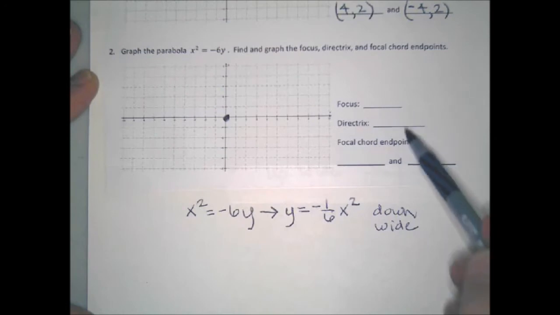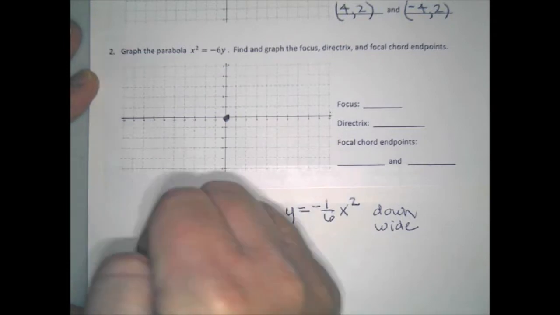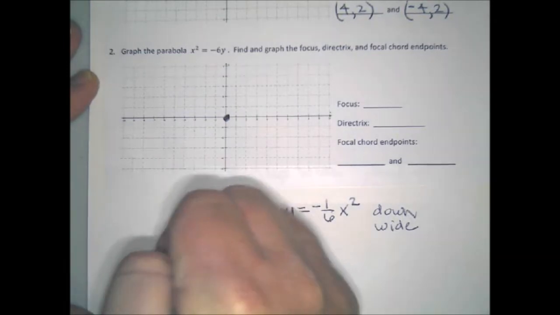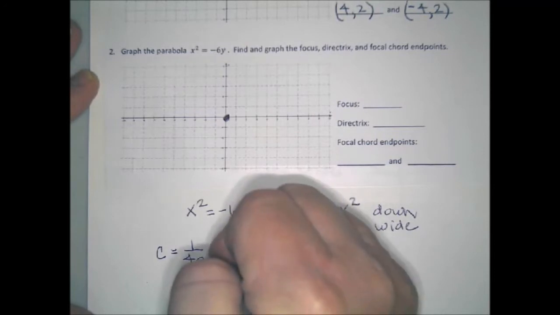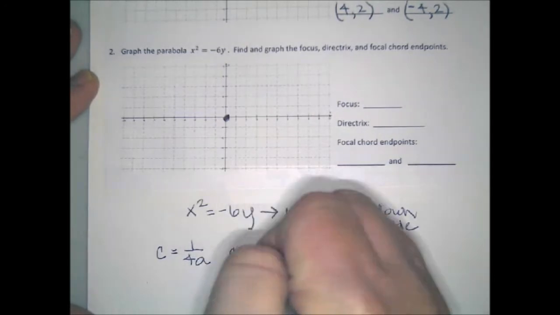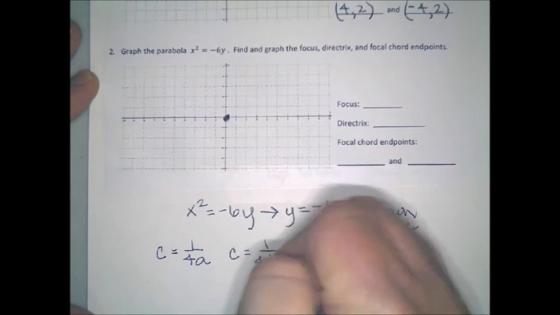So these things that I need to find out about the parabola are going to come from that formula for the focal length, c equals 1 over 4a. So I've just got a little bit of work to do. I know my a value is negative 1/6, so c equals 1 over 4 times negative 1/6.